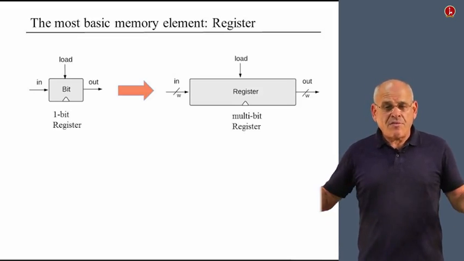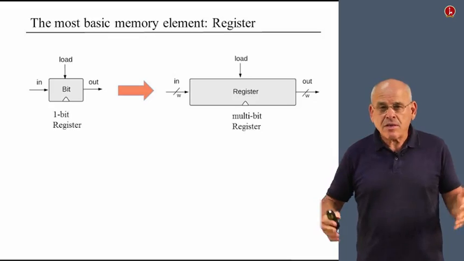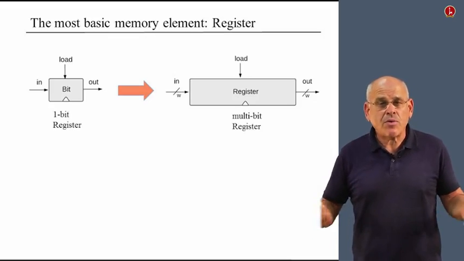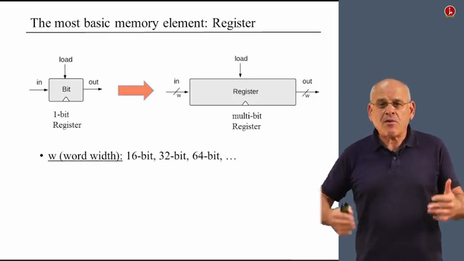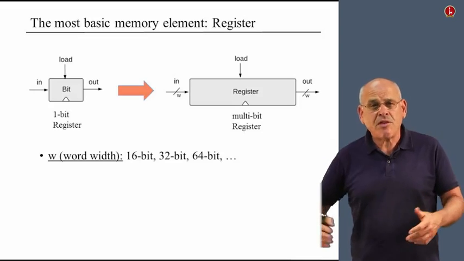The width of the register in general is a parameter. We call it W, and in some computers it's 16-bit, in other computers it may be 32 bits or 64-bit.